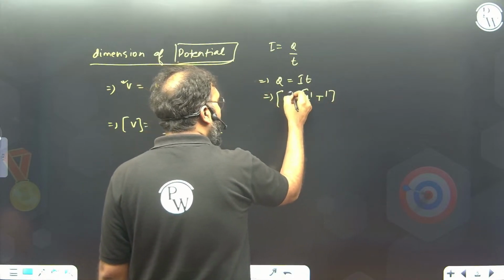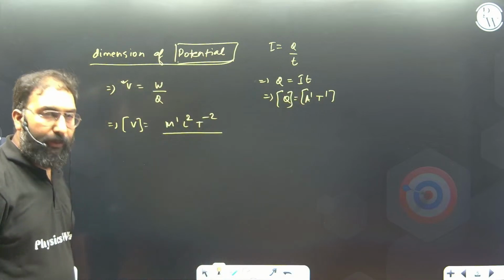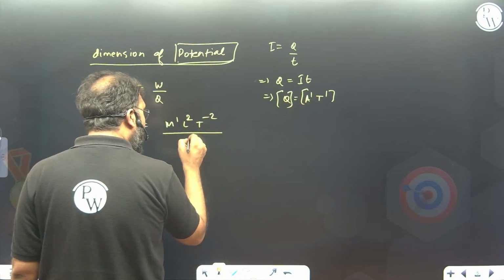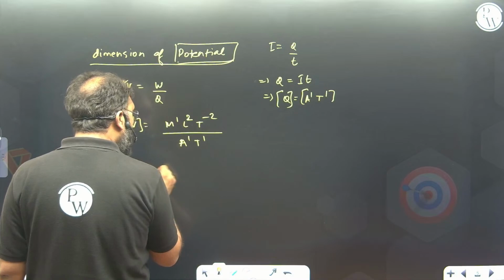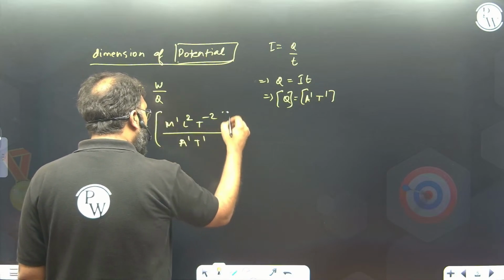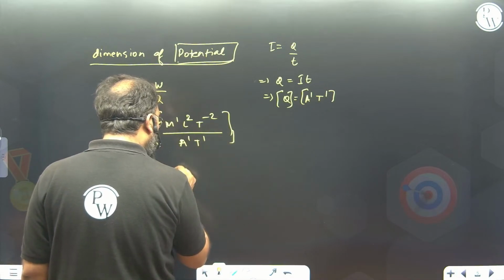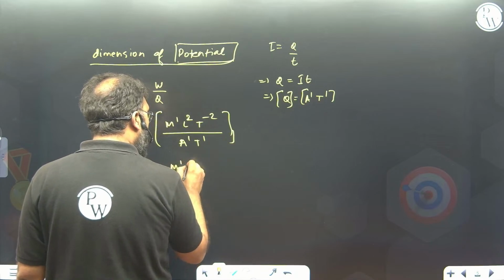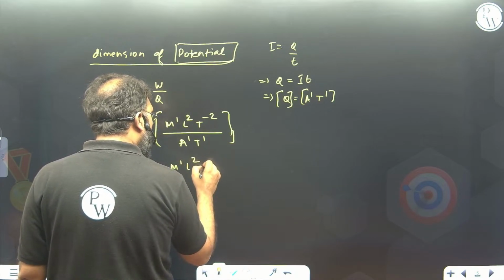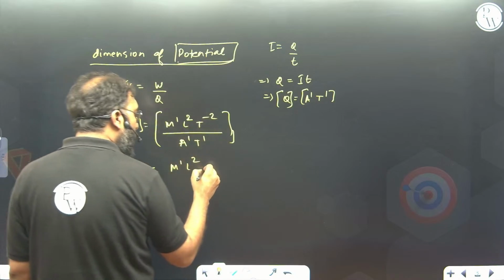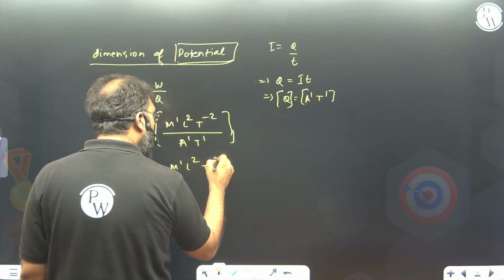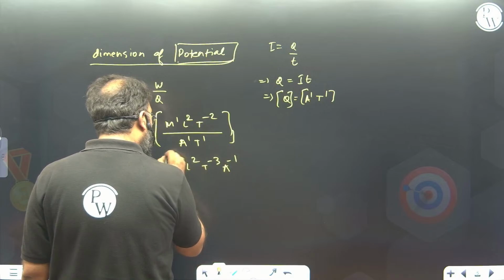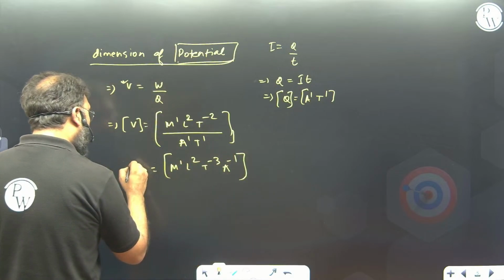So this is the dimension formula of charge, A^1 T^1. If I write this down, I'll get M^1 L^2, then the T goes up so it becomes T^-3, and then A^-1. So are you following me?